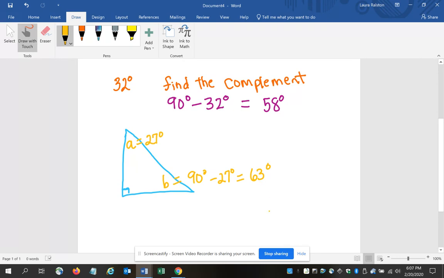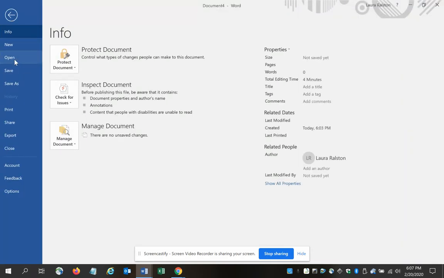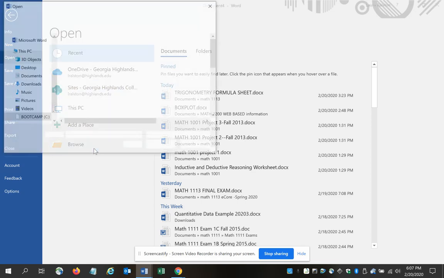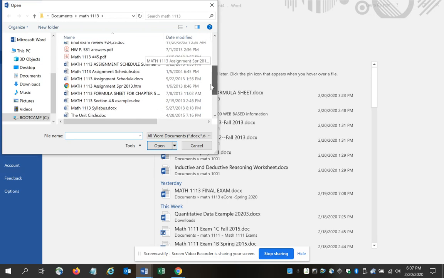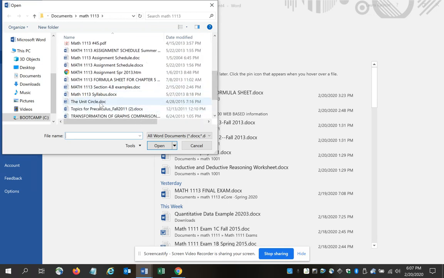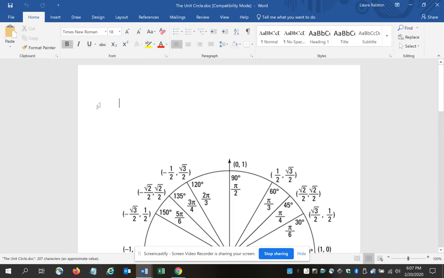What you may not have connected this to is the unit circle. So let me pull up my version of the unit circle, because I want you to see this as well. All right, here's my unit circle.